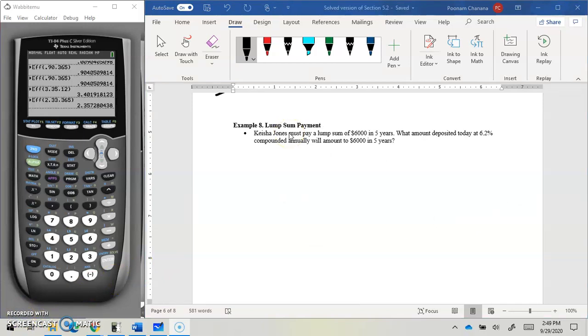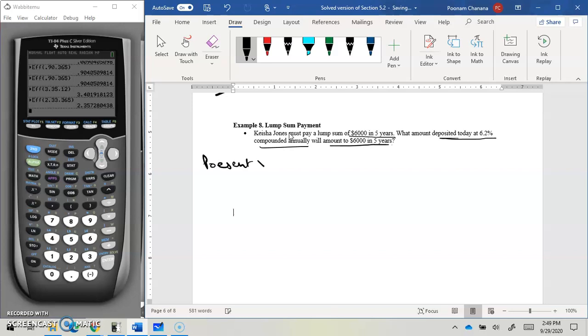Keisha Johns must pay a lump sum of $6,000 in 5 years. What amount deposited today at 6.2% compounded annually will amount to $6,000 in 5 years? This is a question of present value.